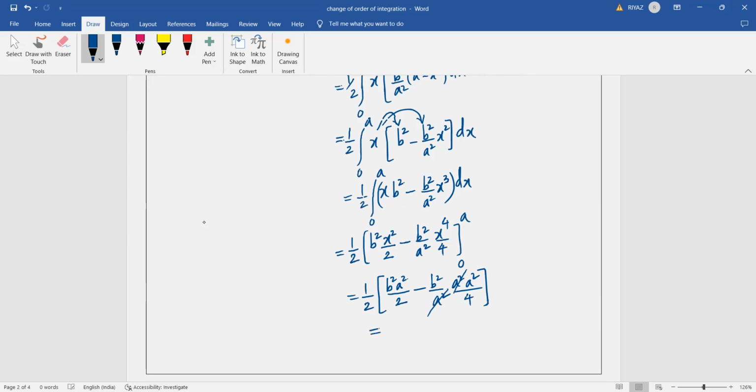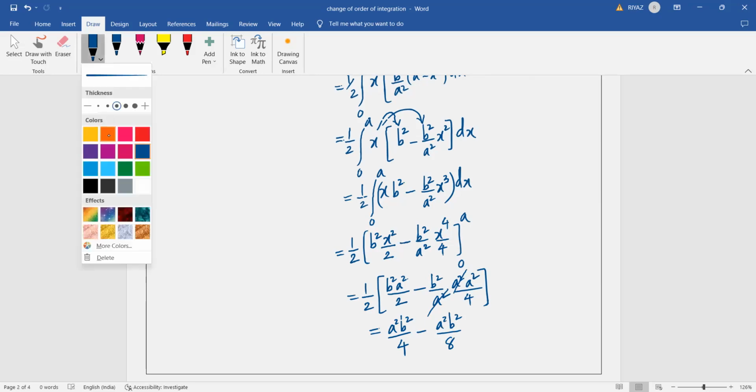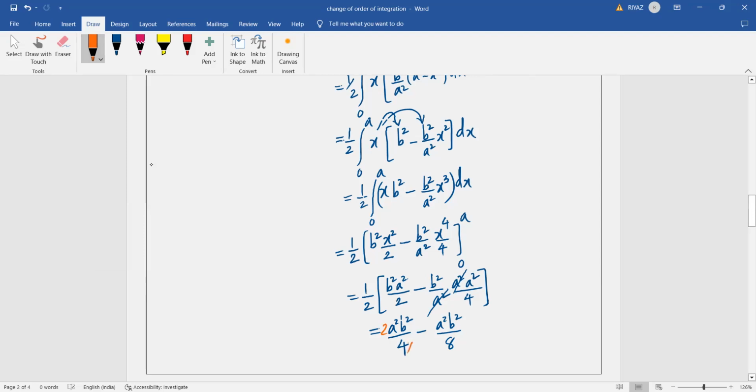So multiply a square b square by 2, 2s are 4, minus a square b square by 4, 4 by 2s are 8. So multiply and divide by 2 here.